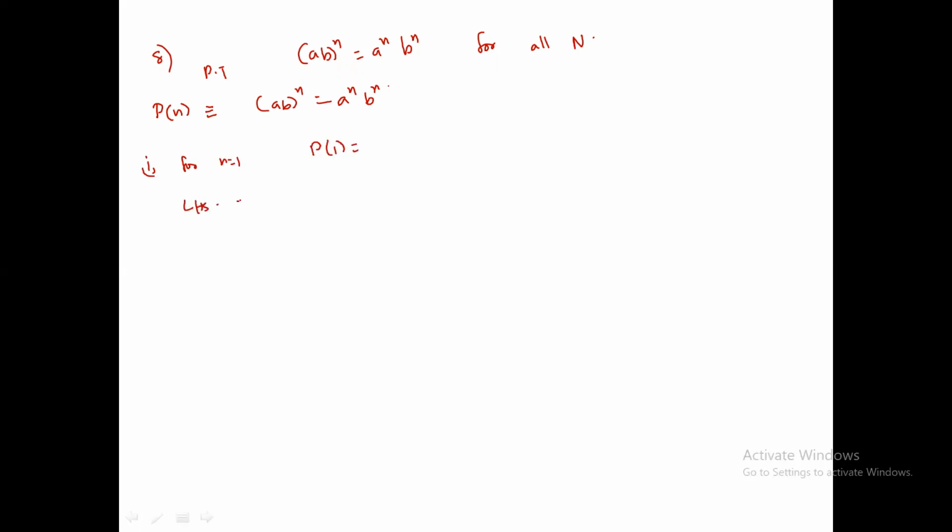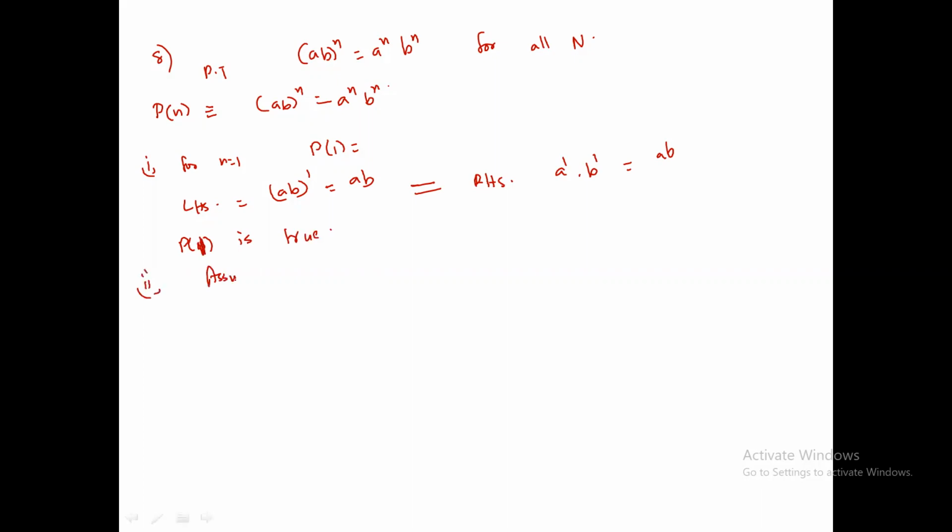Left hand side is (AB) power 1, that is AB. Right hand side is A power 1 into B power 1, that is AB. So left hand side and right hand side are same. So the statement is true. P of 1 is true.